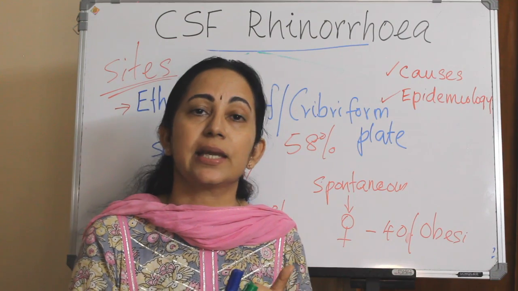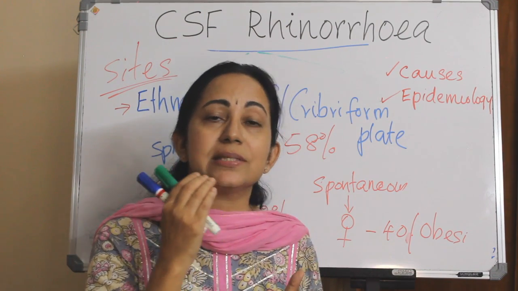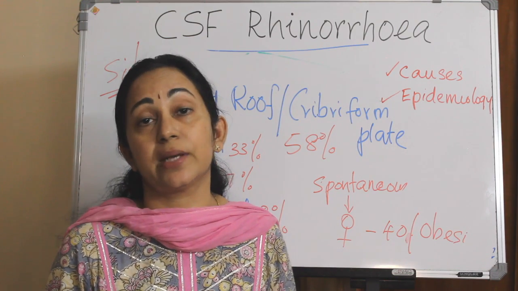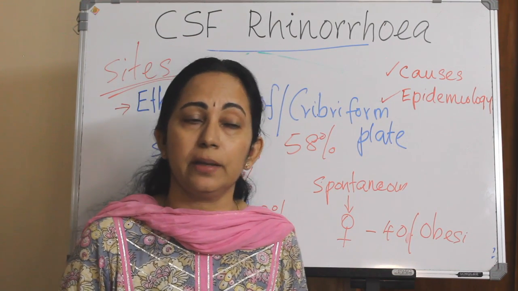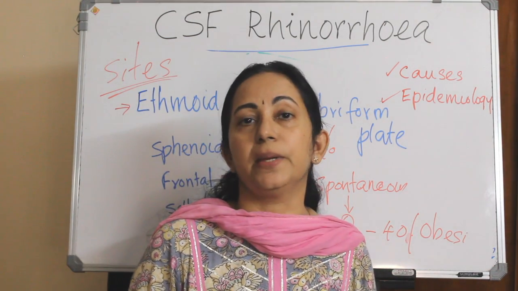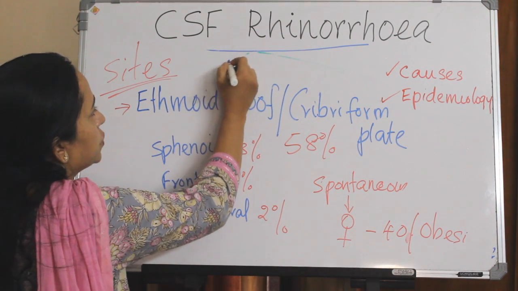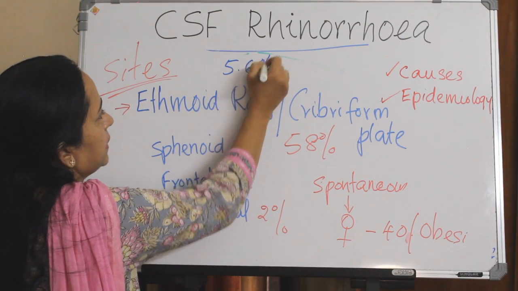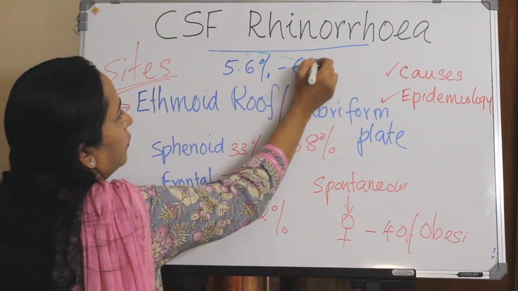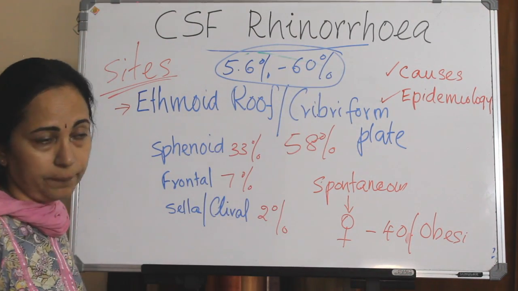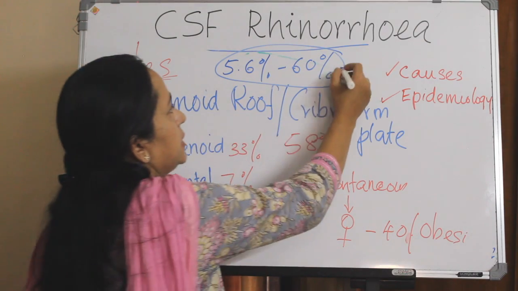Second, the nose is a highly contaminated area, so there is a chance of life-threatening infection spreading into the brain. A study shows around 5.6 to 60% chance of developing meningitis after an attack of CSF rhinorrhea.